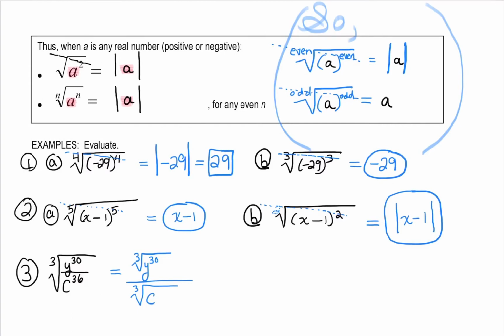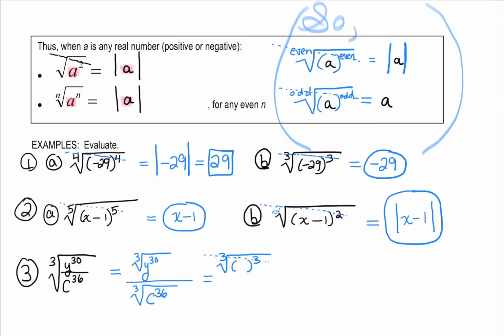So I have the cube root of y to the 30th divided by the cube root of c to the 36th. Now there will be other ways that we're going to learn to simplify these, but right now we really just have one property that we've just learned. If I can get this as the cube root of something cubed, then those two undo each other and I get what was left under that base.